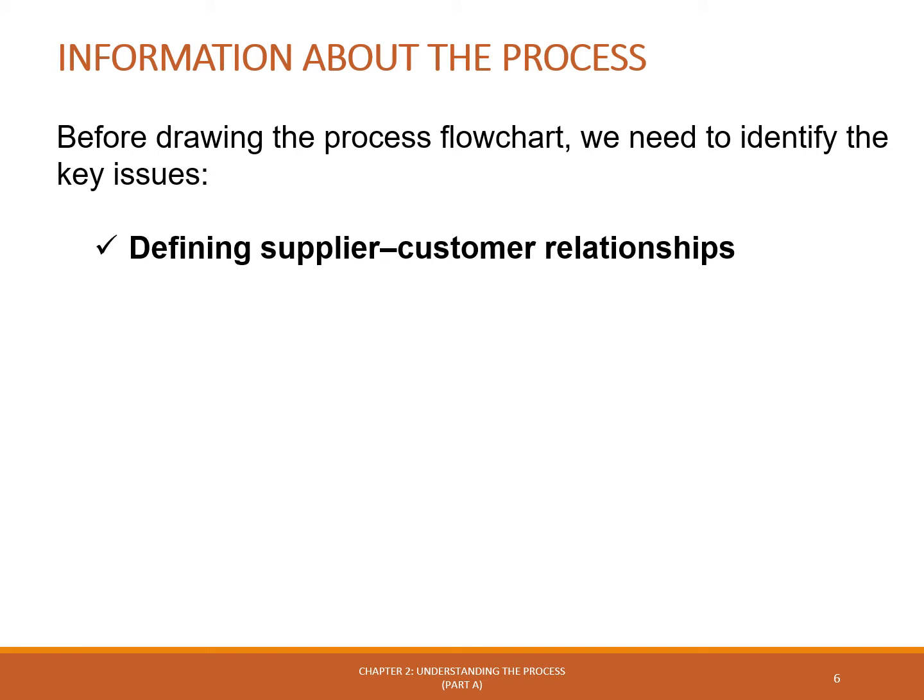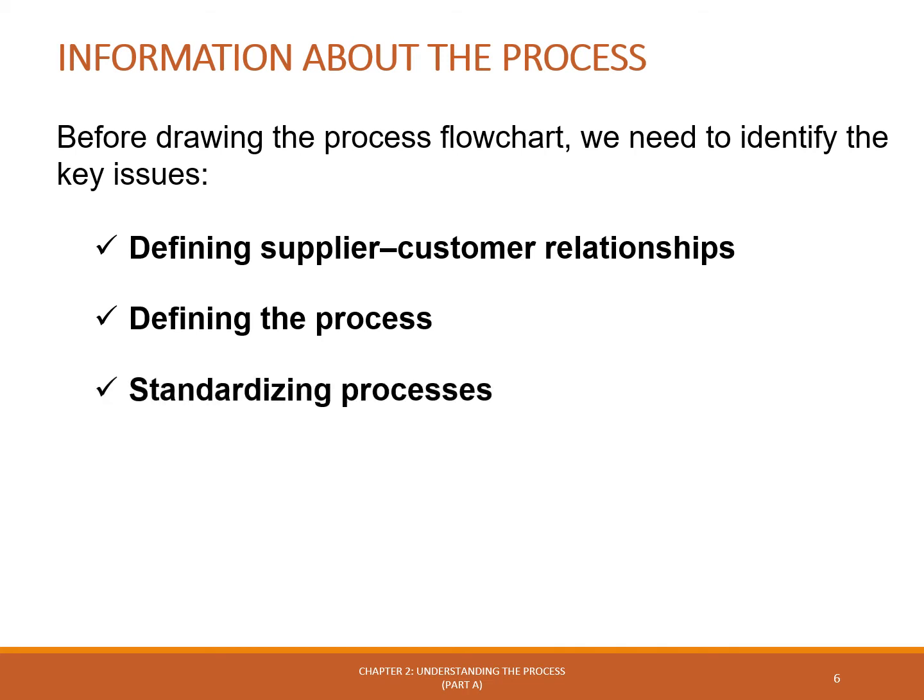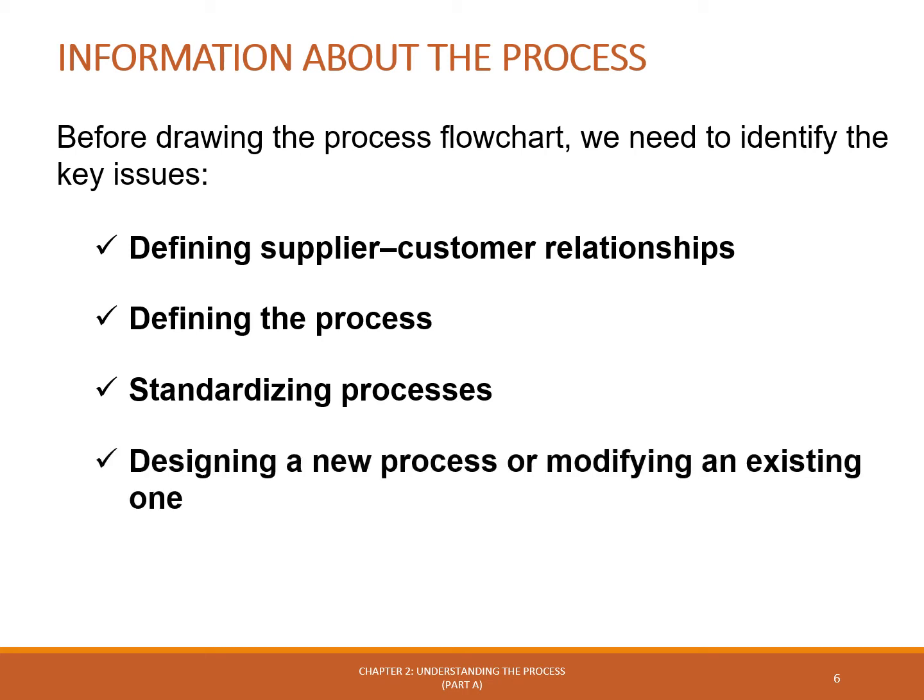We have to define which are the supplier-customer relationships. We have to define the process itself. We have to standardize the process. Based on data collection, we have to decide if we are going to design a new process or modify an existing one. And we have to be able to identify complexities and opportunities for improvement on the process.